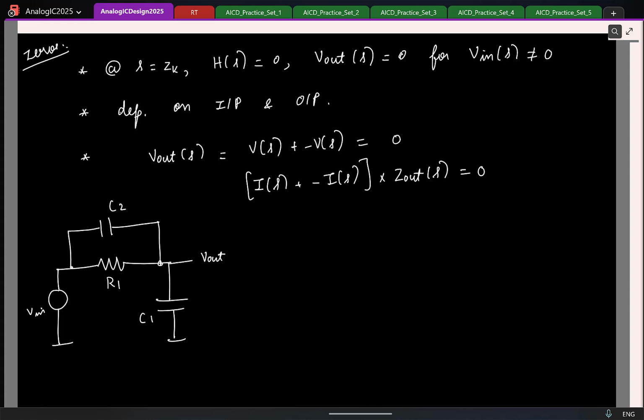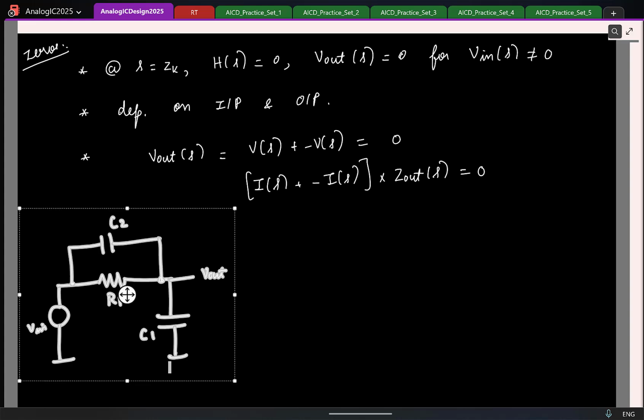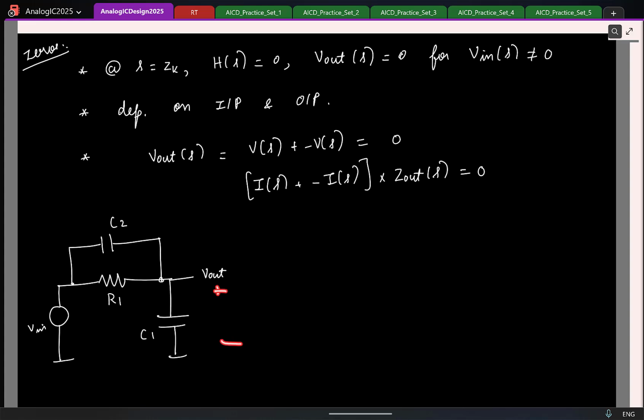Do you think I have the output obtained as the sum of two different voltages here? The output voltage is the voltage across this capacitor. It is just one voltage, not two voltages getting added. Do I have two currents getting added to the output?